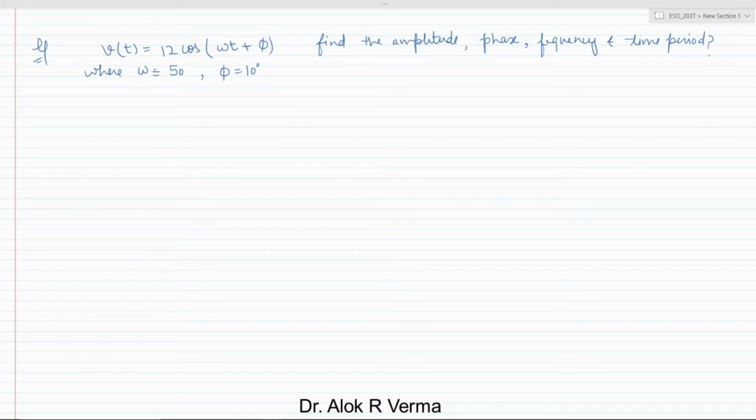By looking at this simple sinusoid, if we compare it with the standard representation, Vm is nothing but the amplitude, which is 12. Then we have a phase, which is phi here. So phi is nothing but 10. It is the phase of this sinusoid.